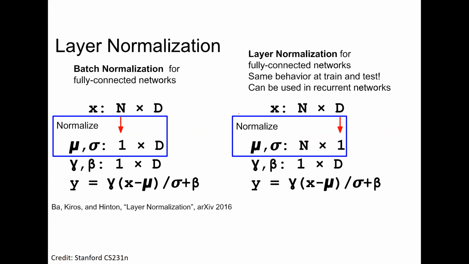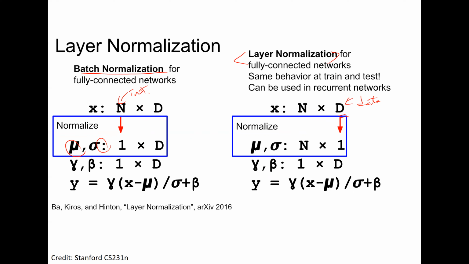And there is another normalization technique called layer normalization. In the case of batch normalization, we take mean and variance through the instance dimension. On the other hand, layer normalization takes mean and variance through this data dimension.